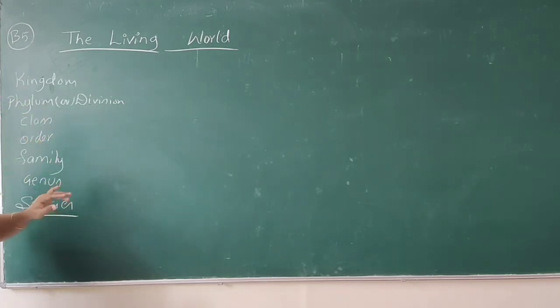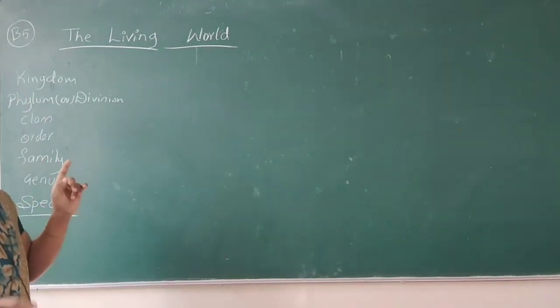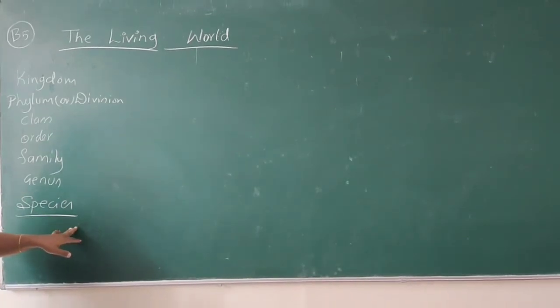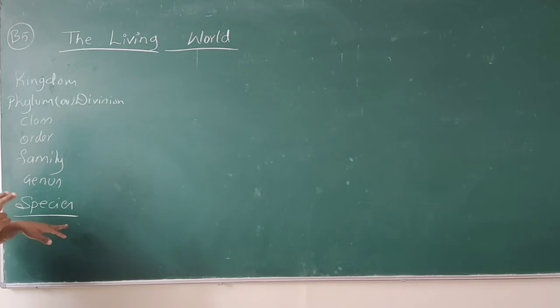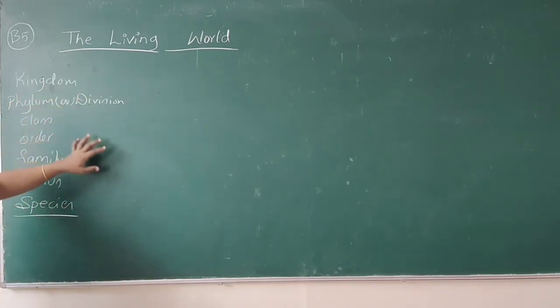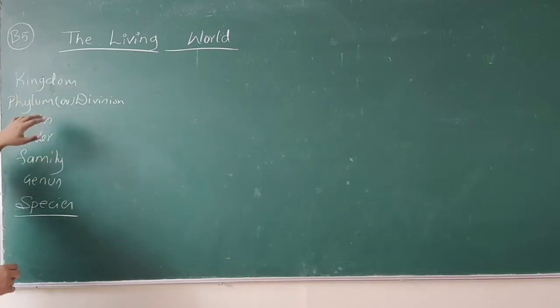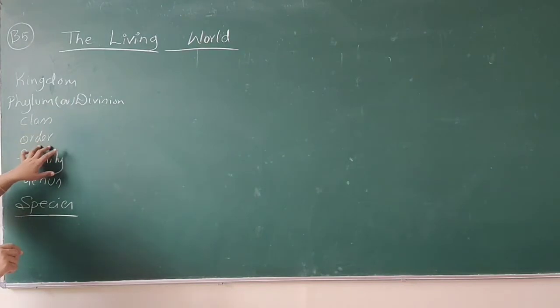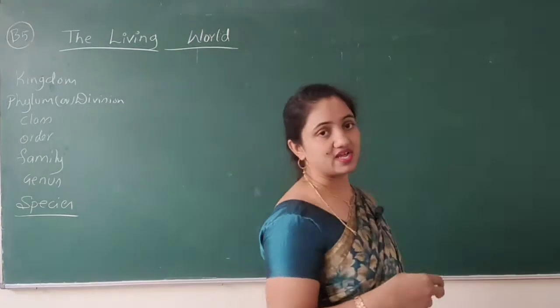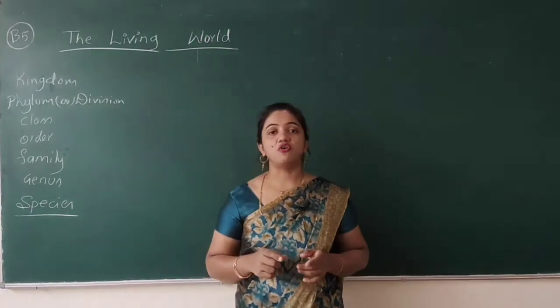Another expected question is to write the definition of species. Then they'll pick any 2 or 3 of these, either kingdom, or phylum or division, or class or order, and ask you to write a description of it.